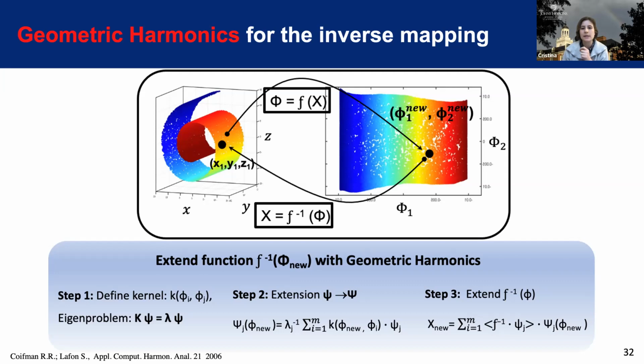And then the inverse mapping F is obtained in step 3 at the new point, where the new point is computed as a linear combination of the extended geometric harmonics functions.